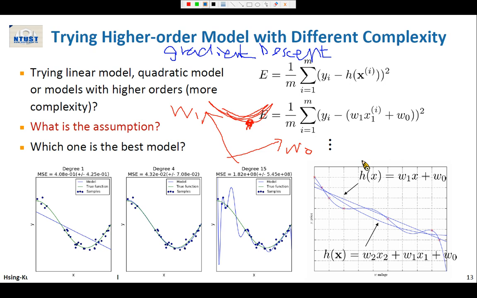But the magic is that we can do something. We can multiply both sides by the transpose, A transpose.